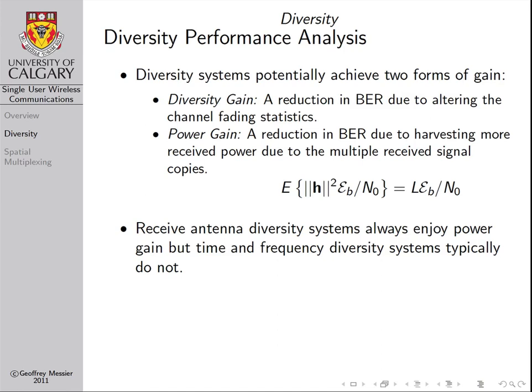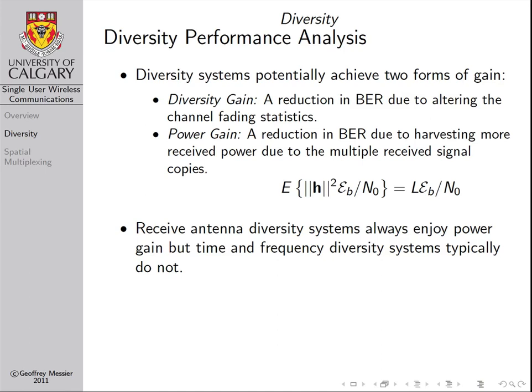And the reason for that is because when a repetition code is used, or any type of code, the transmitter generally keeps the amount of energy invested per bit constant. So, for example, if we are transmitting a single information bit using a 3 times repetition code, the energy in each of those repeated copies will be 1/3 of the energy invested in the original information bit.